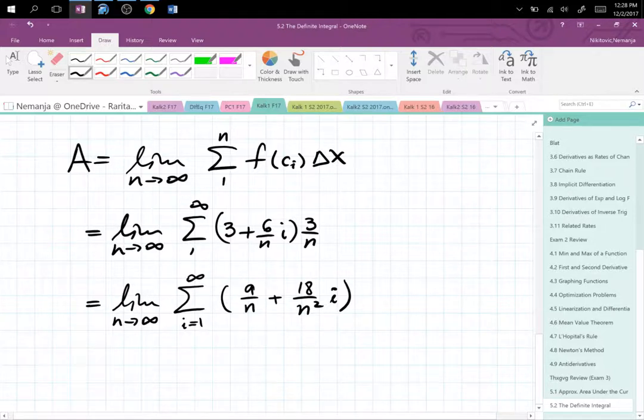Now, what's important to realize here is that in the eyes of the sum, I is the variable and n is a constant, and in the eyes of the limit, I is the constant and n is the variable, right? And you have both of these applied to this parenthesis of 9 over n plus 18 over n squared I. So what do we do? Well, what we do is we split this into two sums, and we use formulas to convert sums into algebraic expressions with n's. These are called sum of powers of integers, and they're given on page 340.